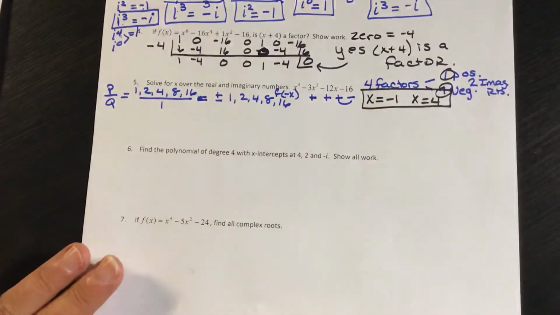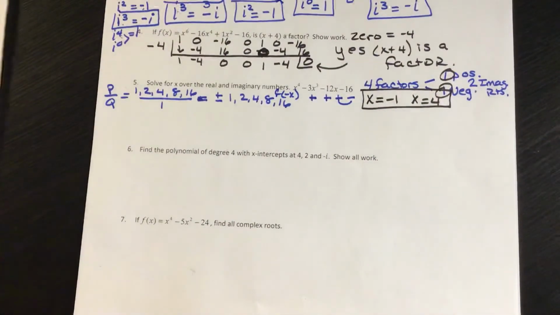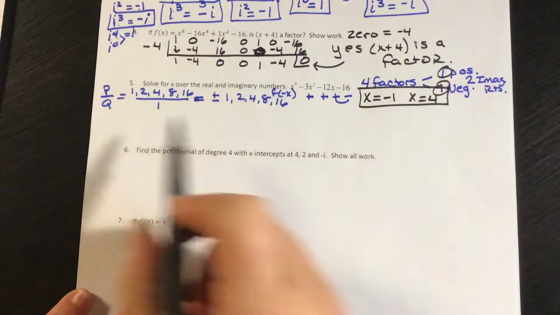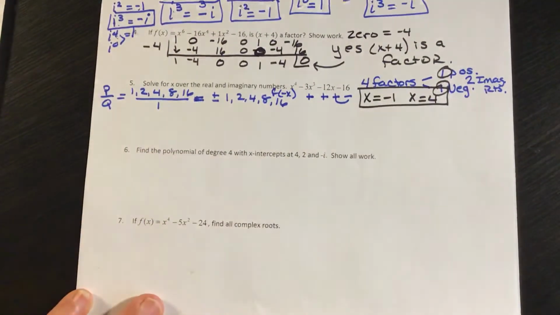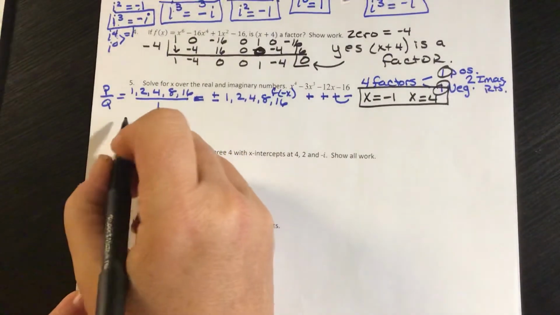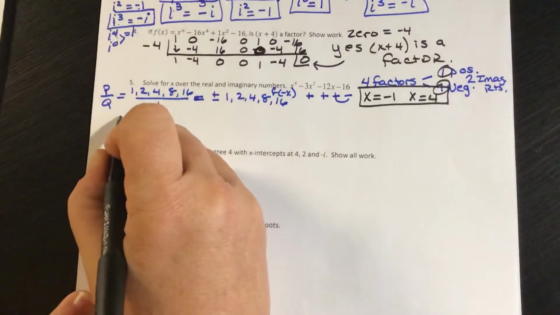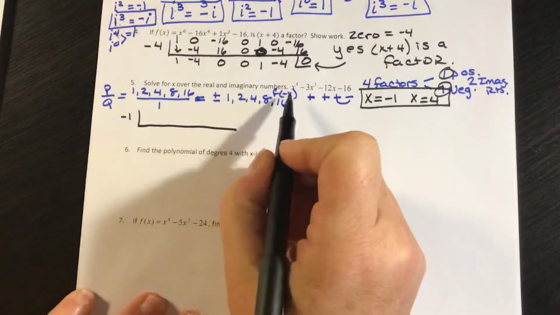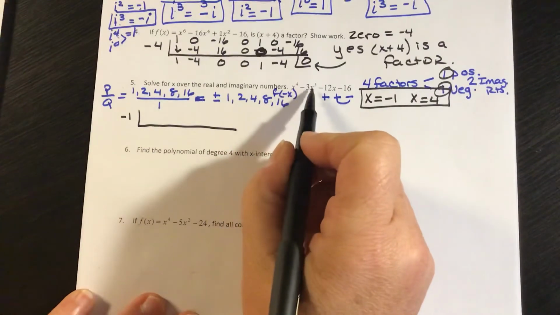So now I need to find my 2 imaginary roots. I do that by using synthetic division to pare down my exponents. So in synthetic division, if I try -1 first, I'm going to write the coefficients.